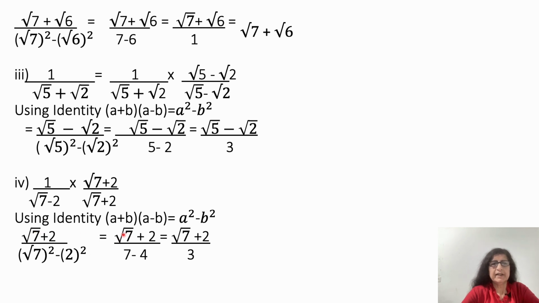In the numerator we get under root 7 plus 2. In the denominator we get 7 minus 4, because under root 7 square is equal to 7 and 2 square is equal to 4. So the answer is under root 7 plus 2 upon 3. With this question we finish exercise 1.4.